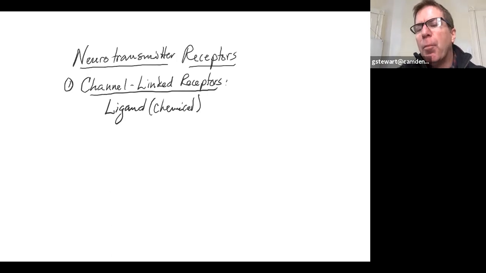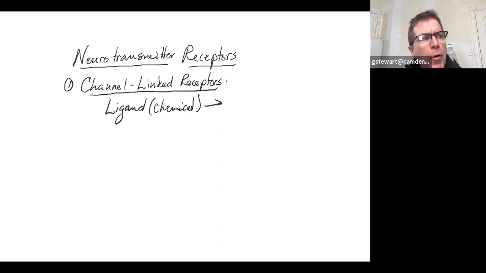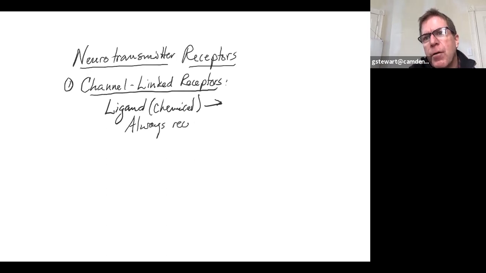And when a chemical binds to that receptor, it causes something to happen. These protein receptors change shape when that chemical binds to them. This is very typical of hormone type of action in the human body. These types always receive neurotransmitter.